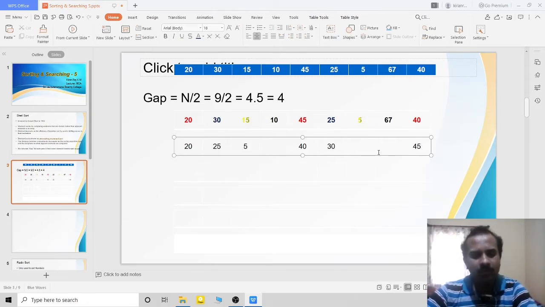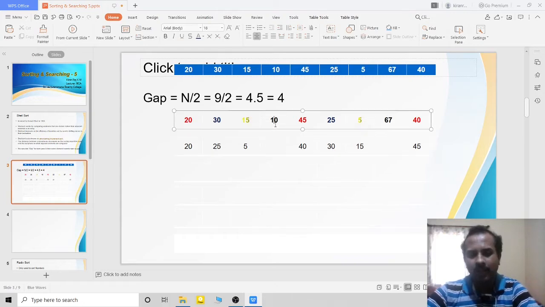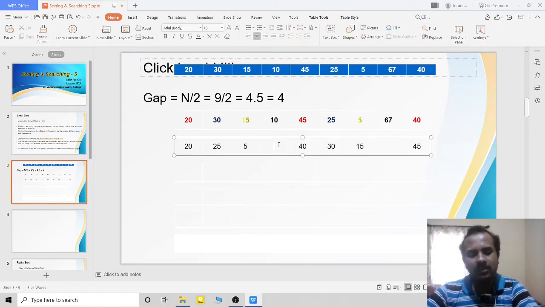So I am swapping them. 15 will come here. Next, 10, 1, 2, 3, 4. I don't have any further elements here for the gap of 4. So 10, 1, 2, 3, 4: 10 and 67. 10 is not greater than 67, so it will remain as it is, 10 and 67.